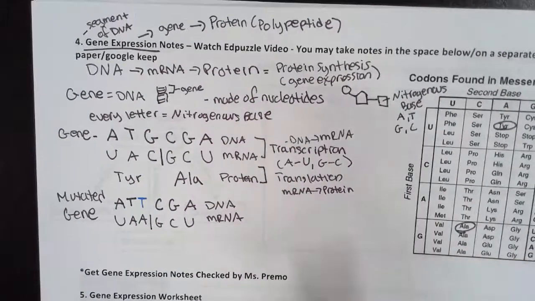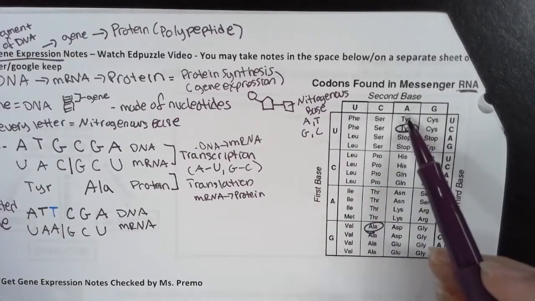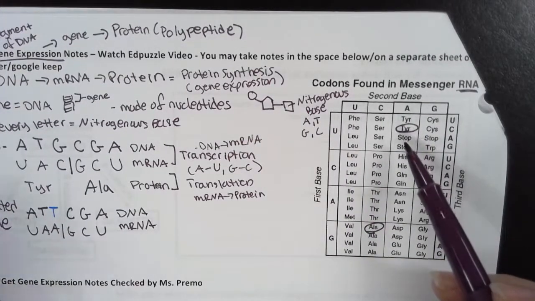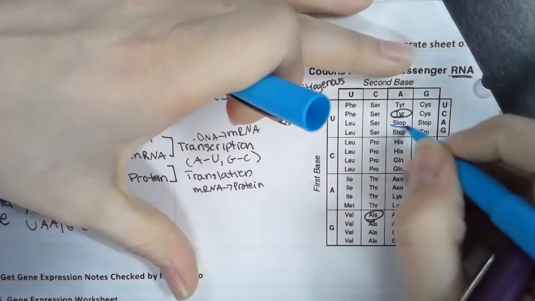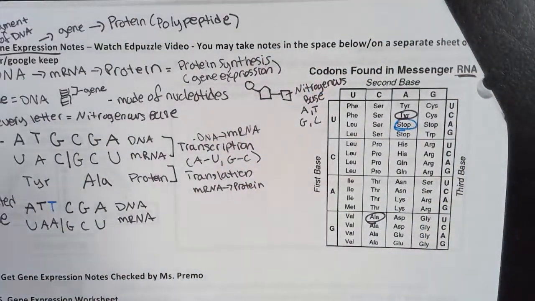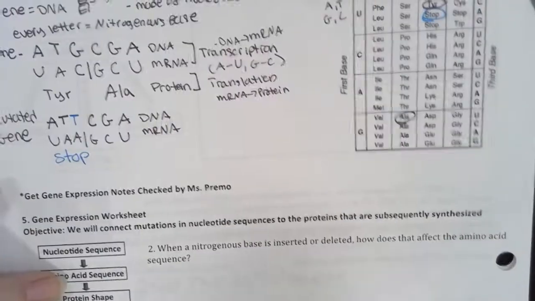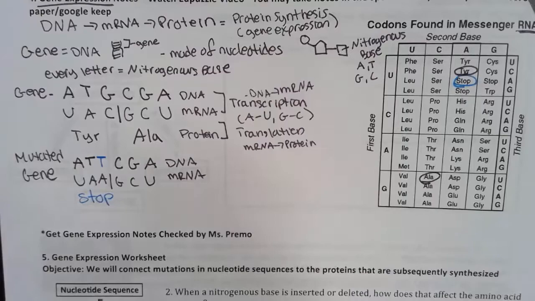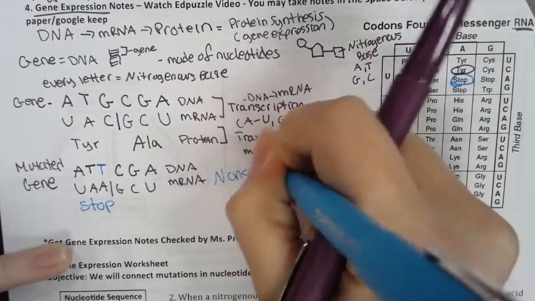So let's look at this. Okay, so if I have U to A, that's my new codon, I now create a stop codon. Stop. If I have created a stop codon, that means a nonsense mutation has occurred.